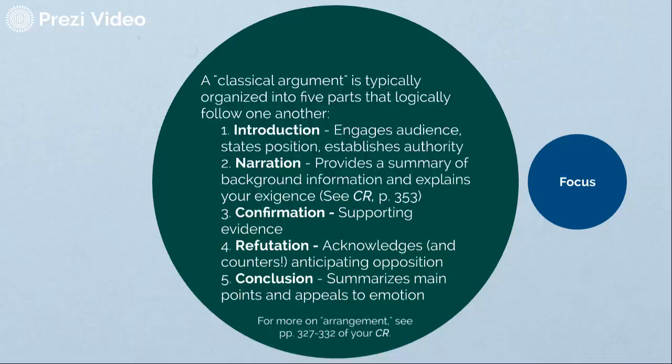It starts out with an introduction, which most of you may already be familiar with, that engages your audience, states your position, and establishes your authority. That might be called the ethos.